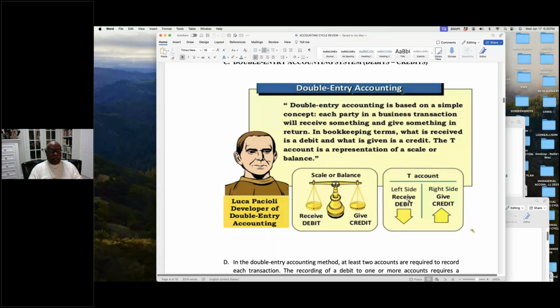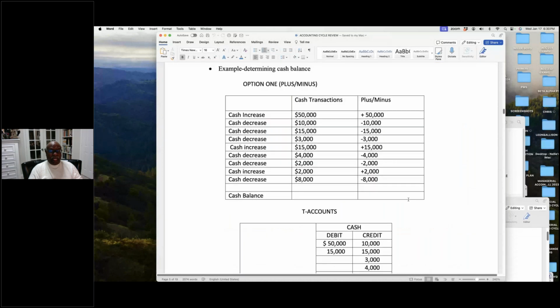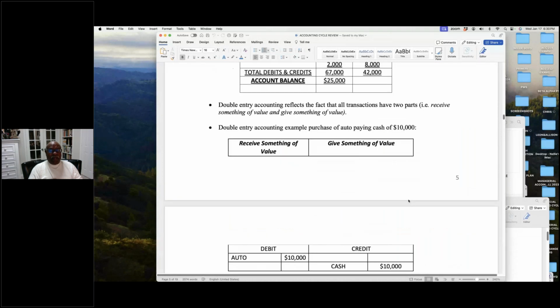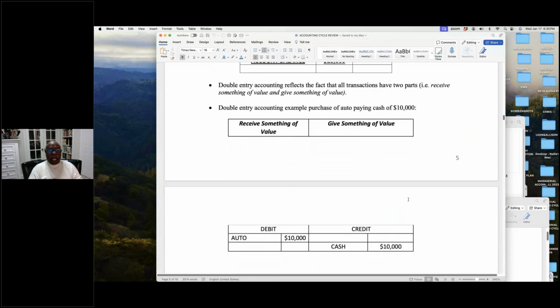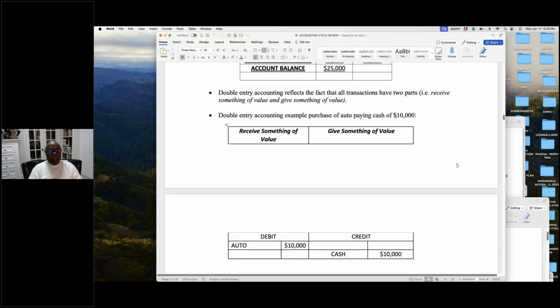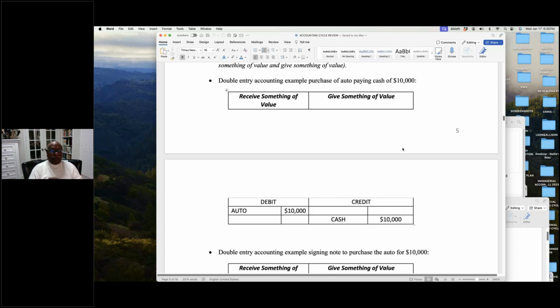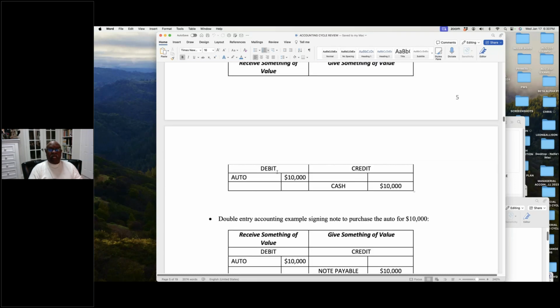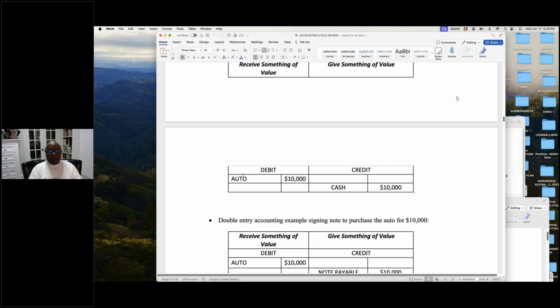So let's look at a simple example of this. Suppose we were buying an auto for $10,000. Some equipment, an auto. If we paid cash for the auto, we debit auto and credit cash. We got an auto, that's what we received, the value. We gave up cash.